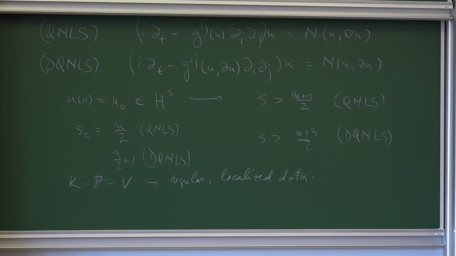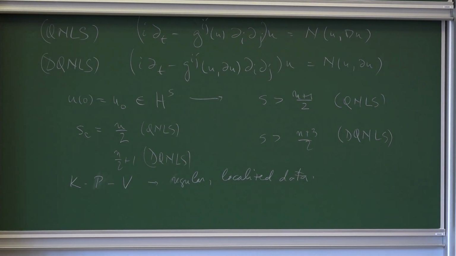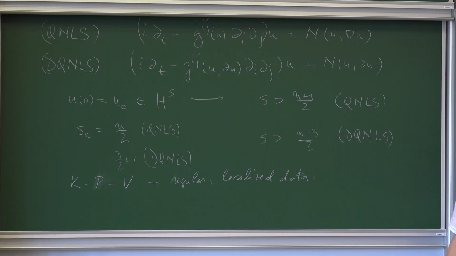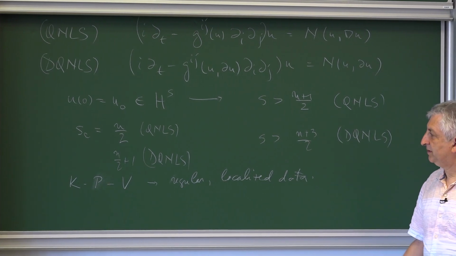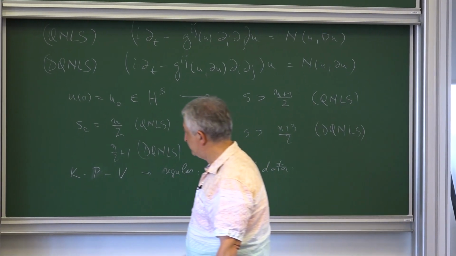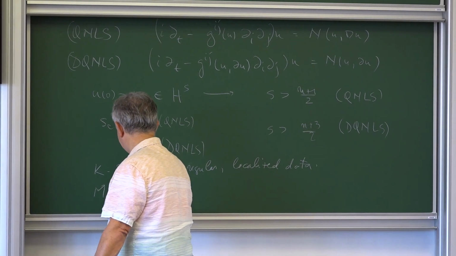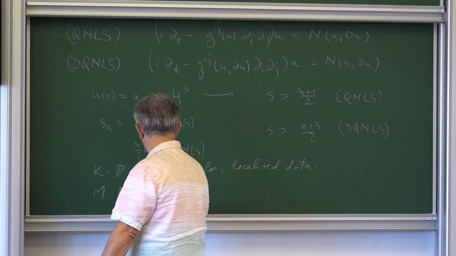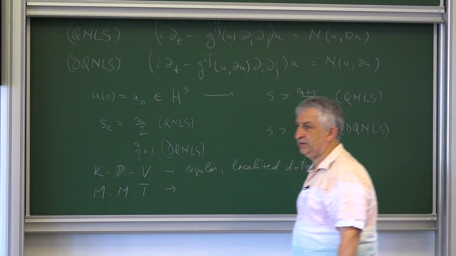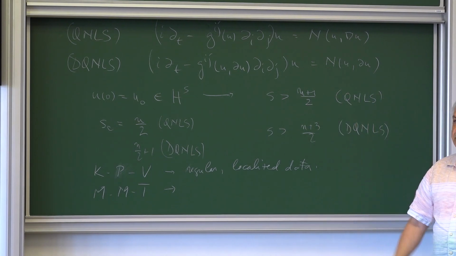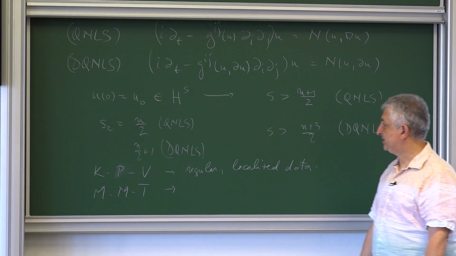All right, and then the next threshold was work that I did with Jason Metcalf and Jeremy Marzola. So let's call this MMT. Here we figured out how to do this in translation invariant Sobolev spaces, so just in H^s.